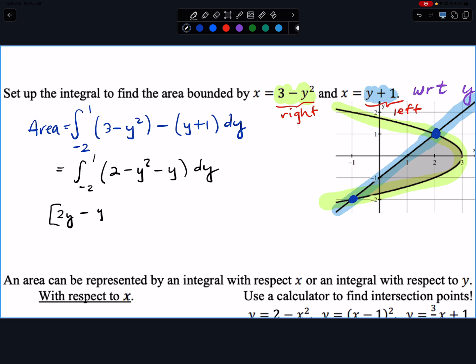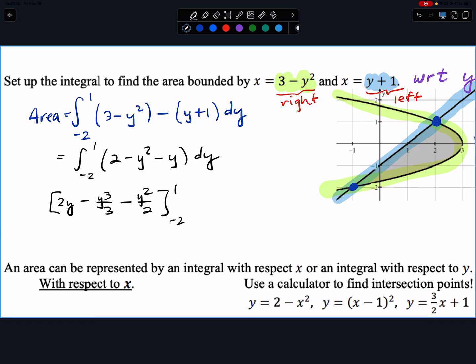minus y cubed over 3 minus y squared over 2, from -2 to 1. All right, if I plug in 1, I'm going to get 2 minus 1/3 minus 1/2, minus, if I plug in -2, 2 times -2, it's -4.